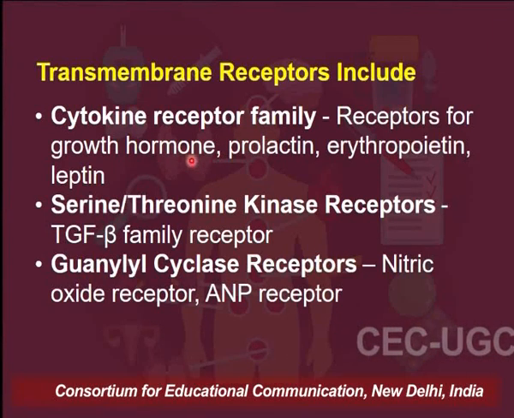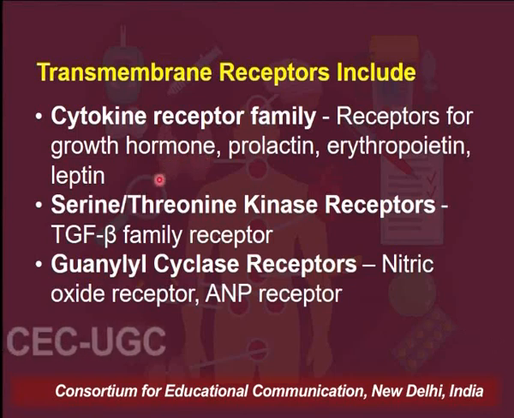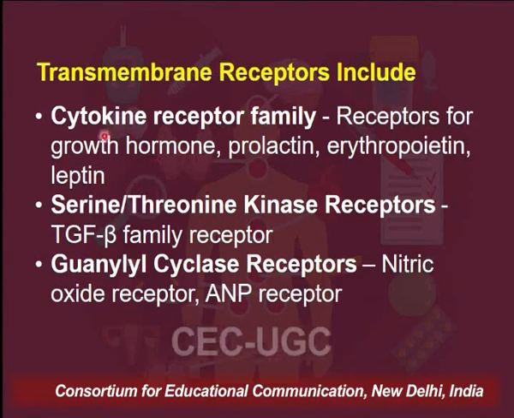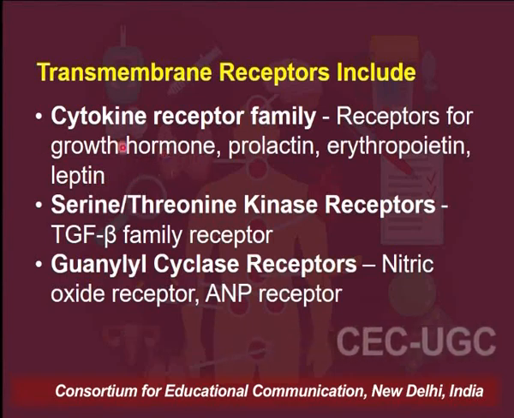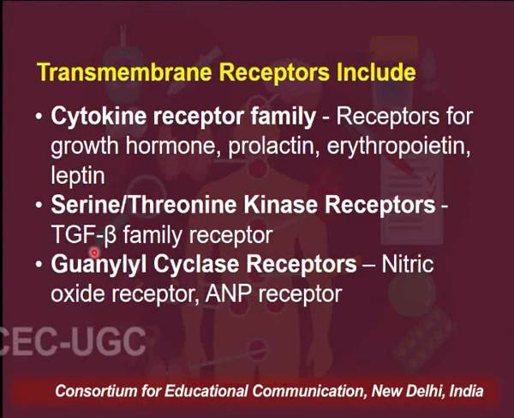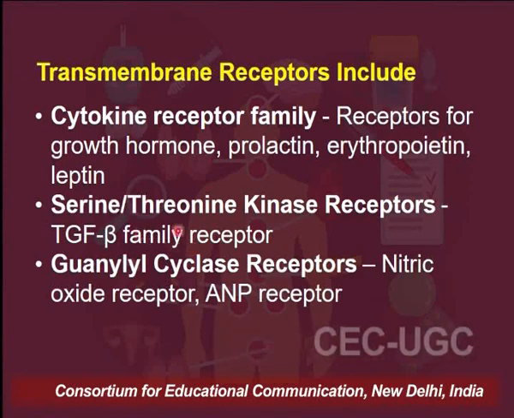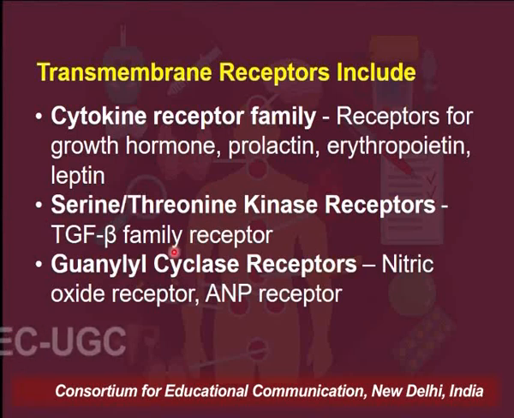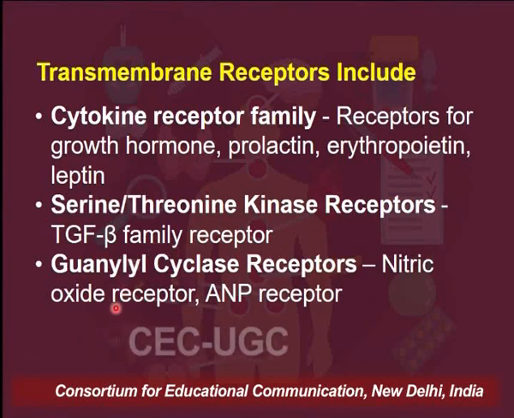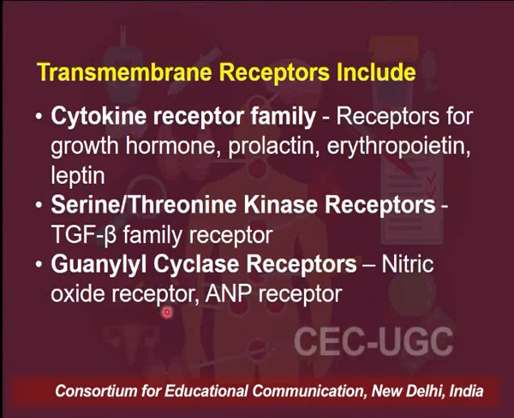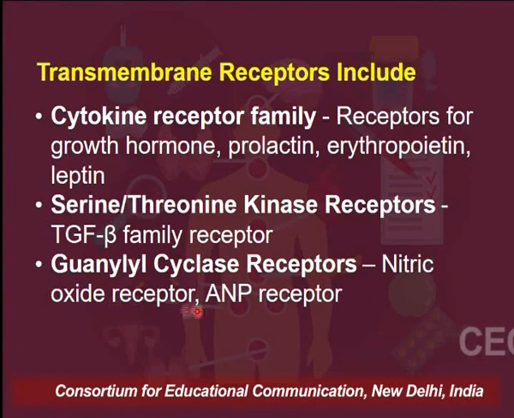So the receptors for growth hormone, prolactin, erythropoietin, leptin, the receptors for all these hormones belong to the cytokine receptor family. The receptor for the TGF-beta family belongs to serine threonine kinase receptors. And lastly, for the transmembrane receptors, there are receptors for nitric oxide and ANP, which are called guanylyl cyclase receptors.